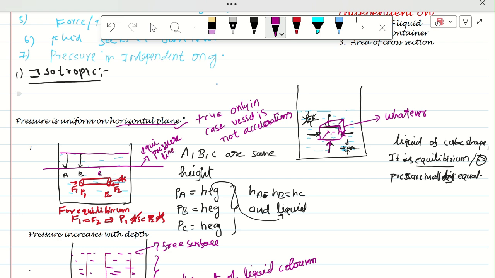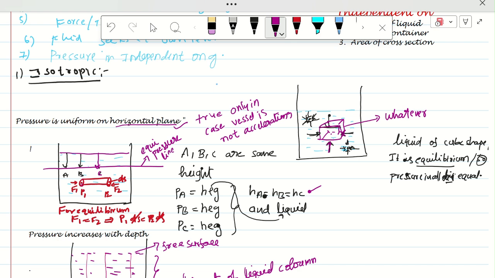Equipressure line, a horizontal line. Why? We know pressure is equal to h rho g. Points A, B, C are at the same height and the density of the liquid is also the same. Therefore, the pressure at A, B, C on the horizontal plane is the same. Otherwise, consider an element of cross-sectional area dS of liquid inside anywhere, taken horizontally, because we are discussing the horizontal plane.